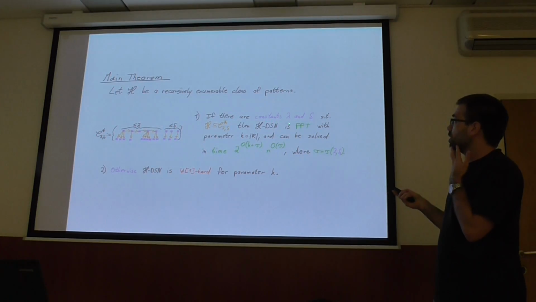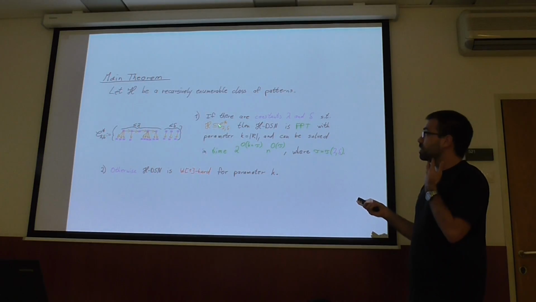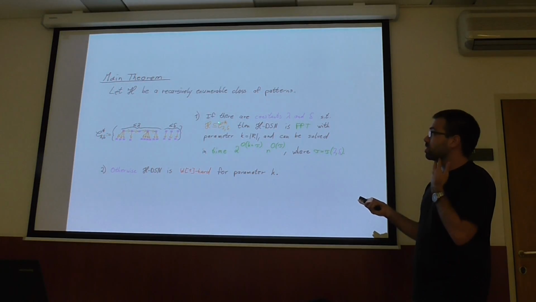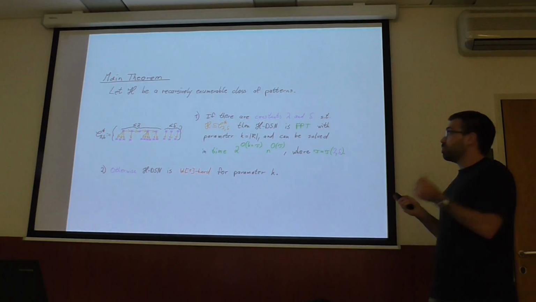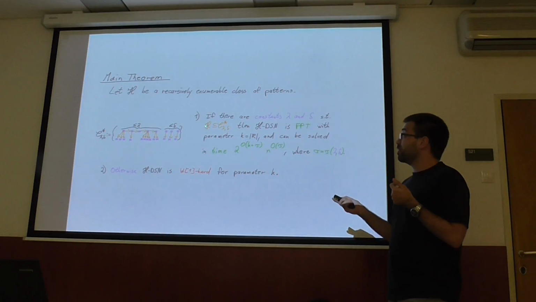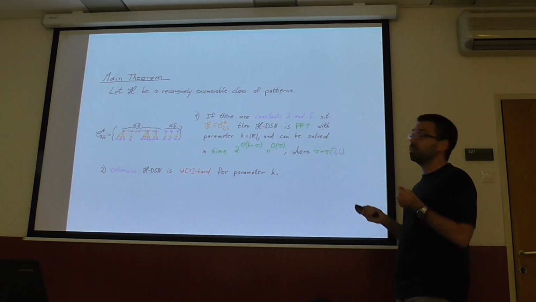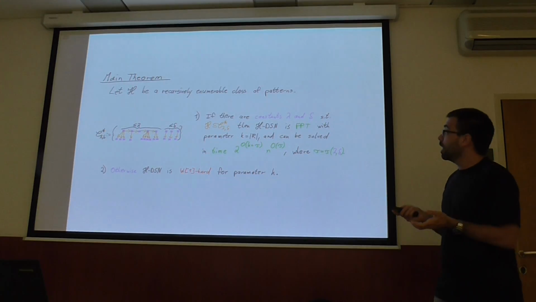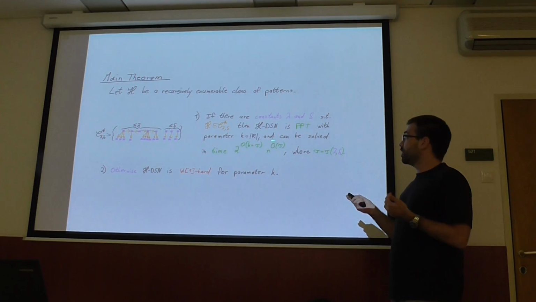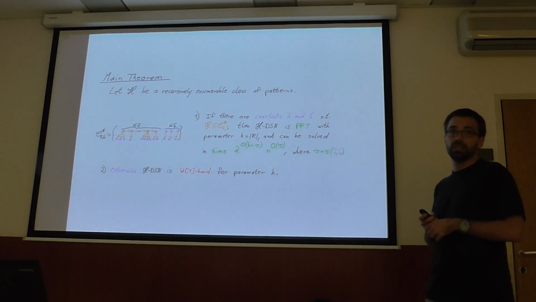But maybe what's more interesting: if I have two constants, lambda and delta, such that my pattern class is a subclass of these almost caterpillars for these two constants, then the problem defined by this class of patterns is FPT for parameter k, and can be solved in this running time here, where tau is some function of the two constants.